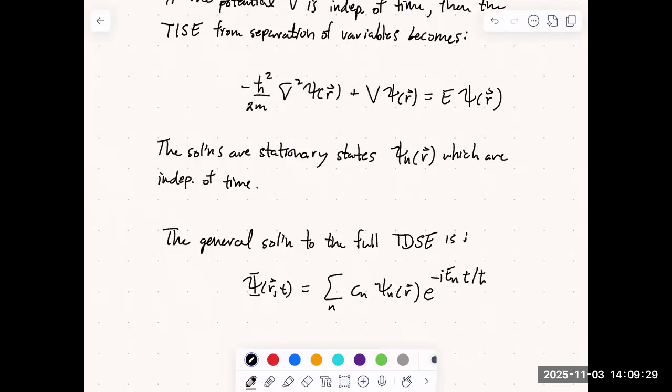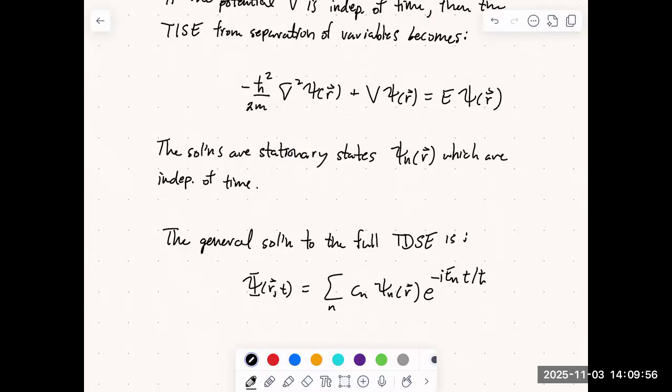This last factor, remember, came from our separation of variables. We had a function of position, and we can only solve that function of position using the time independent Schrodinger equation once we specify a form of the potential. However, the function of time we could integrate right away, and we found that it had this simple form.